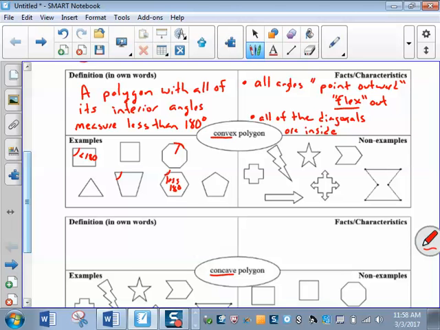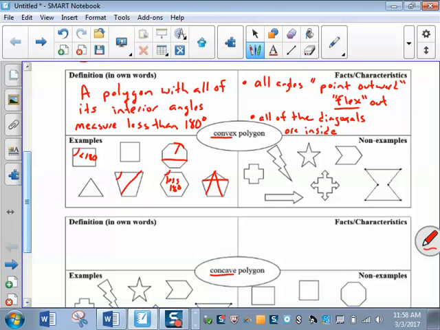Alright, so what's a diagonal? A diagonal is a line that connects two vertices or two corners of the polygon that are non-adjacent. Alright? So all of these that I can draw from one corner to the next, in all of these shapes, for me to get from one corner to the next without going to the one right beside it, making it a side, all of those are on the inside.